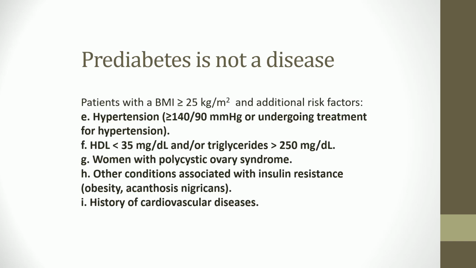Other conditions associated with insulin resistance, we already mentioned most of them in the video of Signs You'll Have Diabetes, that I will also leave a link on the right top corner. But these are things like obesity, acanthosis nigricans, polycystic ovary syndrome, others, and a patient with cardiovascular disease or a history of cardiovascular disease.